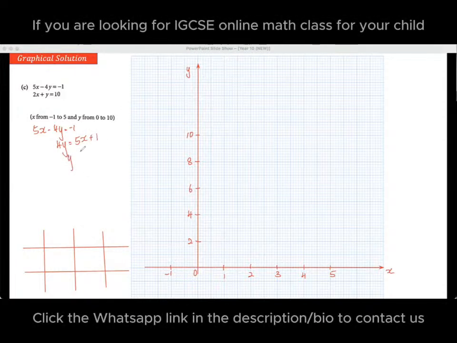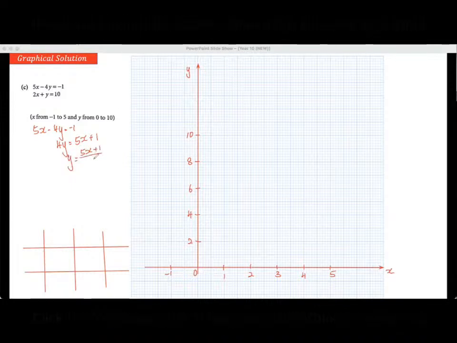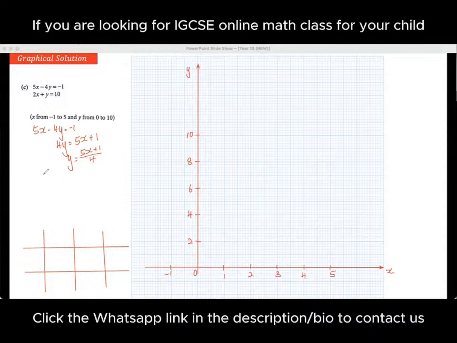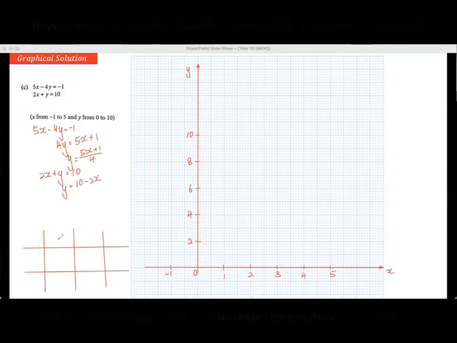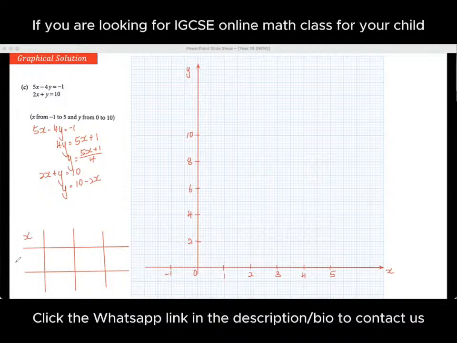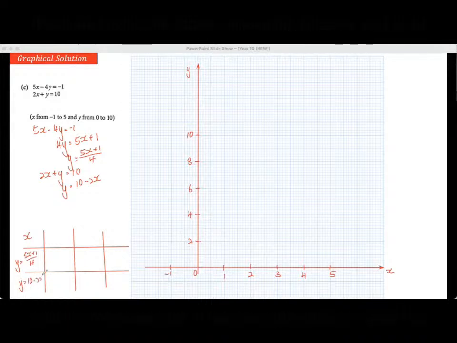Y will be equals to (5x plus 1) divided by 4. Then 2x plus y equals 10. Y will be equals to 10 minus 2x. So y equals (5x plus 1) divided by 4, and y equals 10 minus 2x.